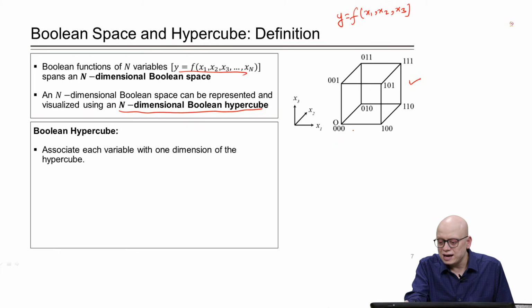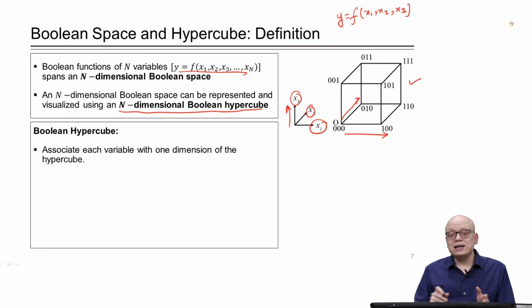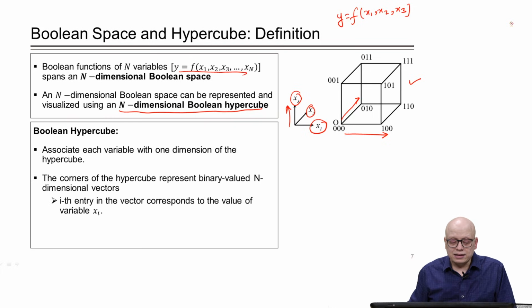So, we say that in this direction is x1, in this direction it is x2, and in this direction we have x3. So, we can associate a Boolean variable with each direction in the Boolean hypercube, and then the corners of the hypercube represent binary valued n-dimensional vectors.